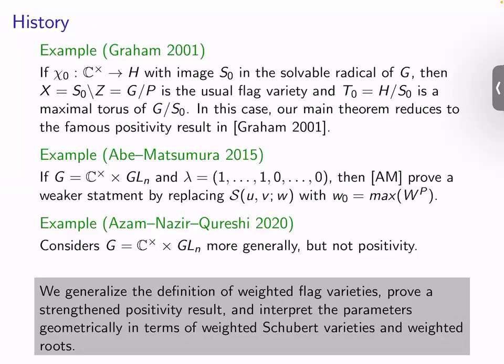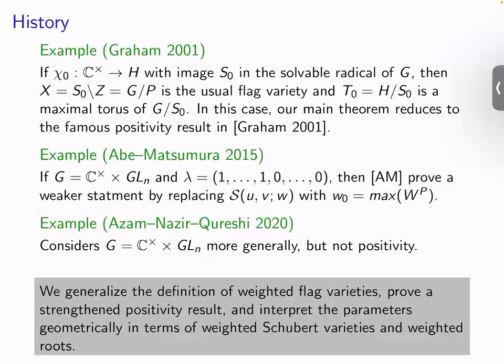So it turns out that using the support is a strengthening of just using w_0. There's another article considering equivariant cohomology by Azam, Nazir, and Qureshi, but they do not consider positivity at all. So that's the history related to this theorem.